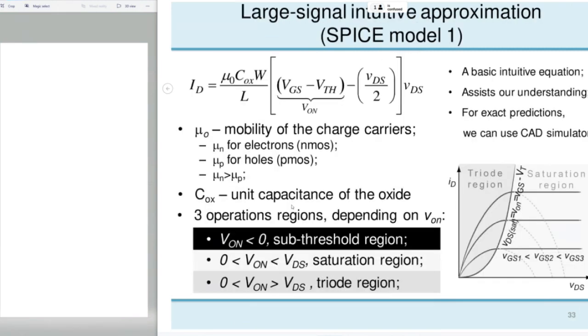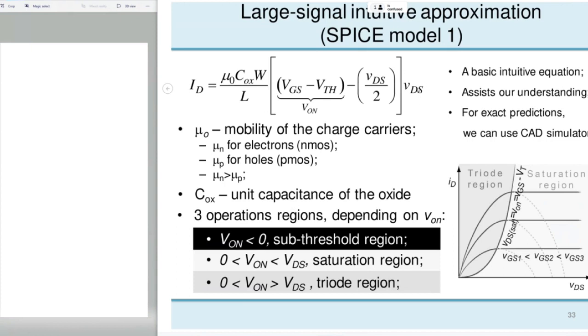Now, we'll consider the large signal model, how we can model the behavior of the MOSFET. And what I always recommend to students is to memorize the equation of the current in triode region. And this is the equation of the current in triode region. Why is it very important?